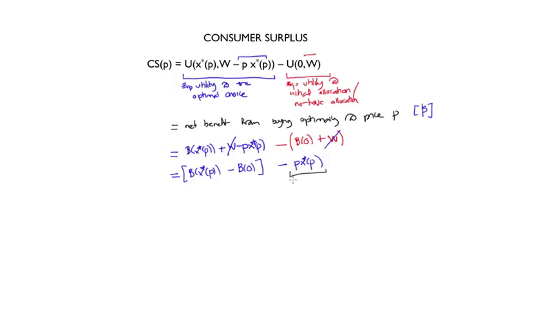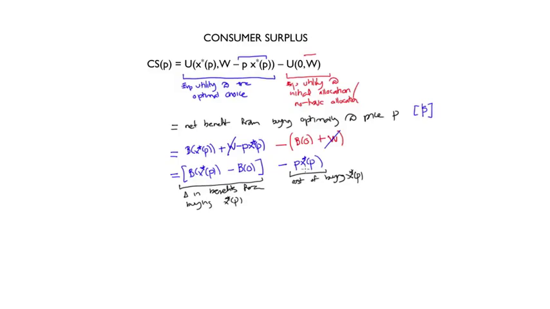This term is just the cost of buying X star. And this term is the change in benefits from buying X star. So that's why it's the net benefit. It's by how much the benefits go up minus what was the cost of buying them.